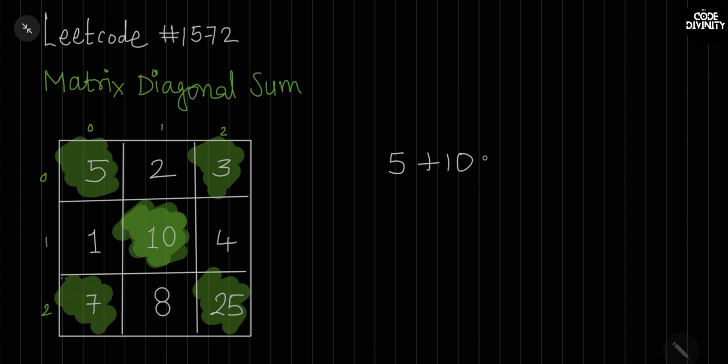5 plus 10 plus 25 and 3 plus 10 plus 7 respectively. This is equivalent to 25 plus 5 is 30 and 10, this is 40, and this is 7 plus 3 is 10 and 10 plus 10 is 20. But we can observe that this 10 is added twice, for the first diagonal and the second diagonal as well.